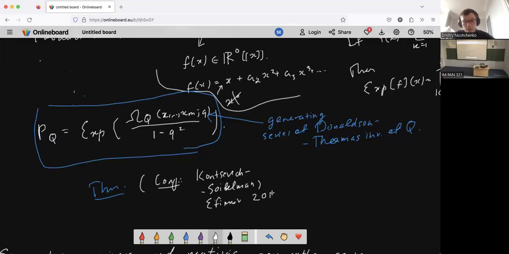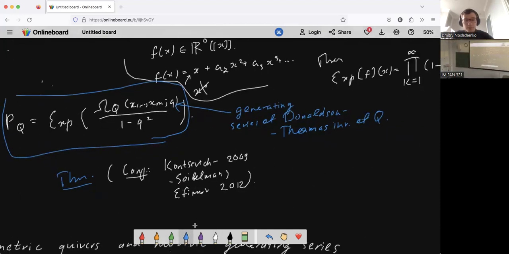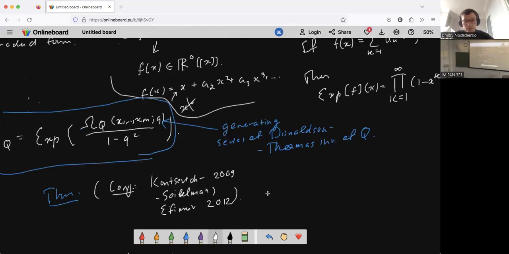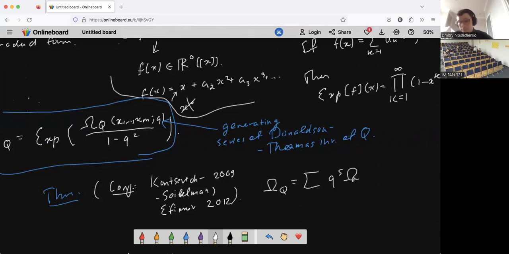This was around 2009. So this states that omega_Q can be written as a series, a sum of some numbers Omega, with q to the power s. Here this is some number which depends on the dimension vector, and everything is multiplied by x1 to the power d1 up to xm to the power dm.